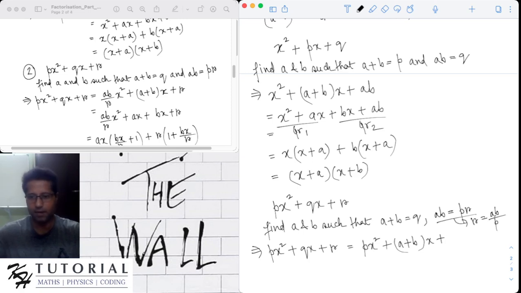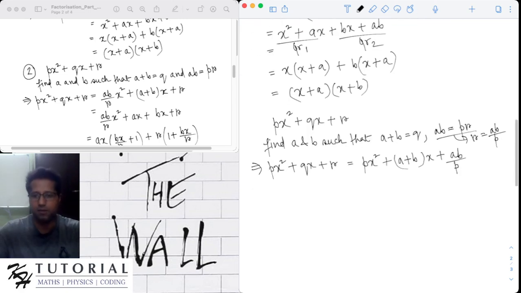So we will write r as ab by p. Now we have px square plus a plus b into x plus ab by p.